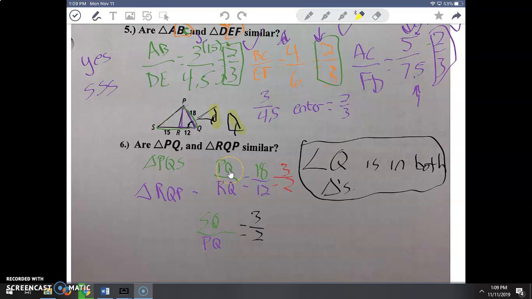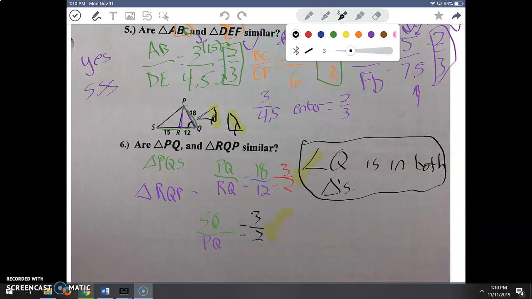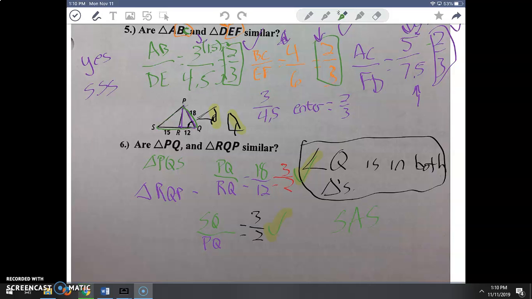You can't put green on top, purple on bottom on one, then switch it up and do purple on top and green on bottom. You can't do that. Both end up with 3 over 2, and they also have a Q in common. So technically, if we needed a theorem, it would be the SAS similarity theorem.